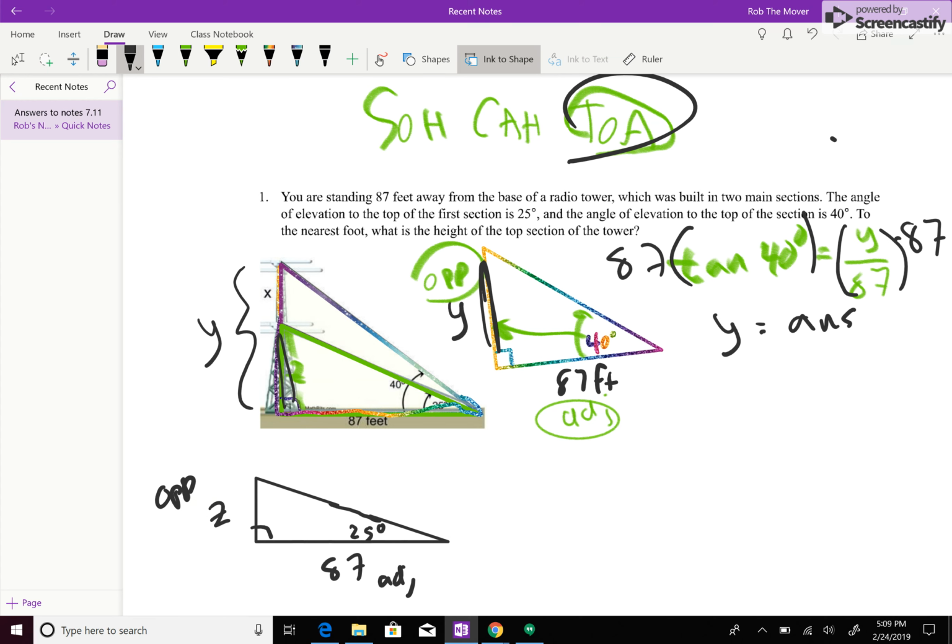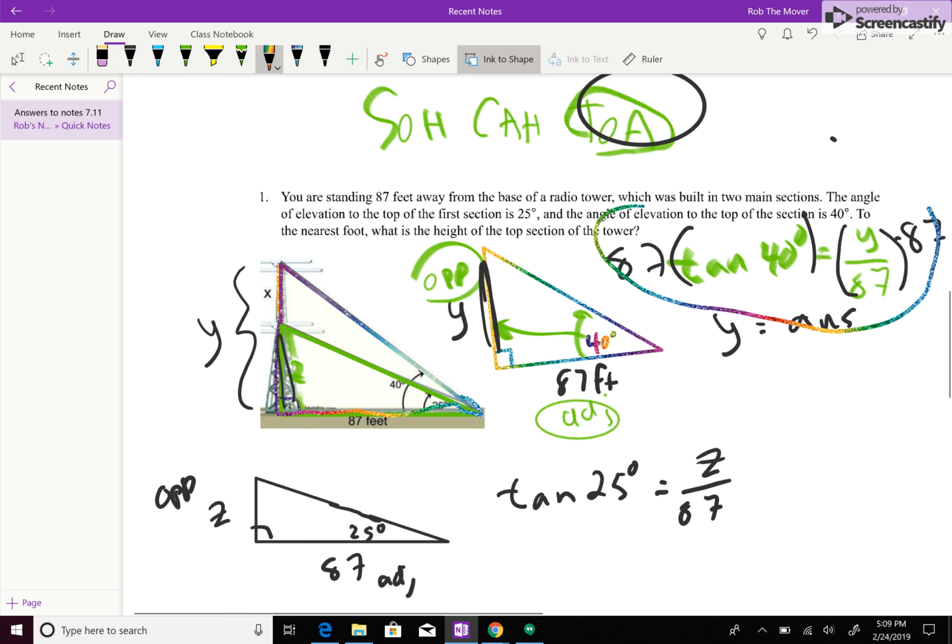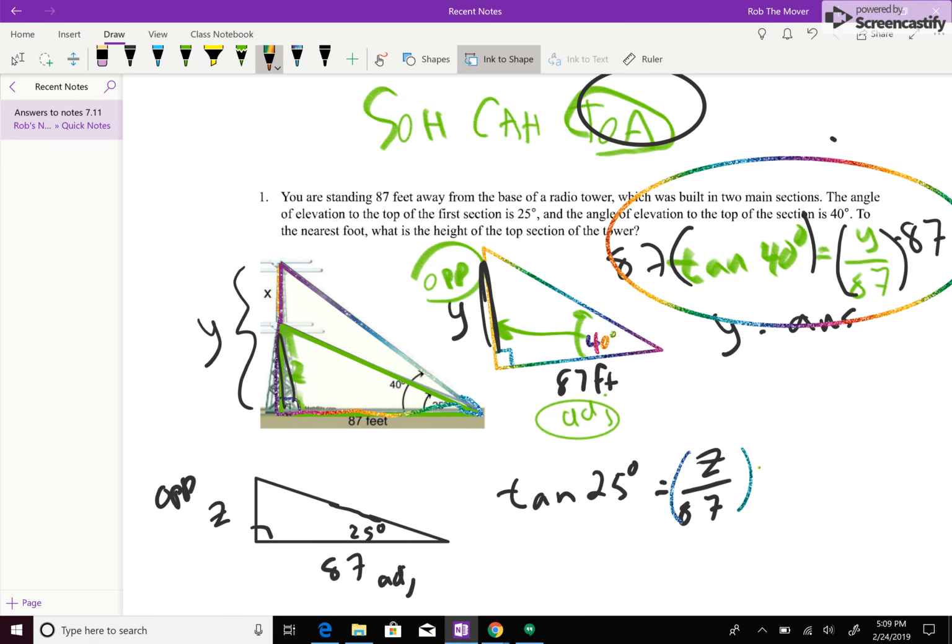And we know, again, SOHCAHTOA, the tangent of 25 degrees is going to be equal to opposite, which is Z, all over 87. Same algebra as what we did up here, right? We got our variable divided by a number equals some other number. All we got to do is multiply both sides by 87. That's going to give me Z.